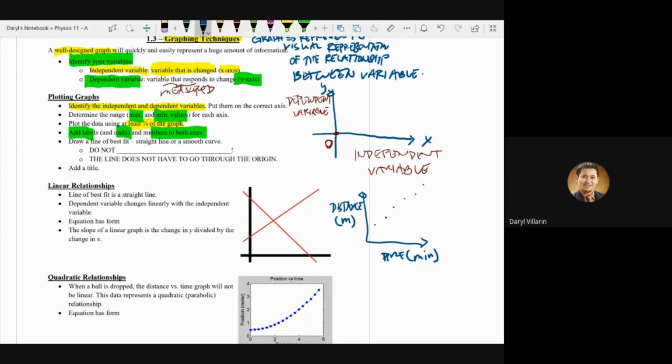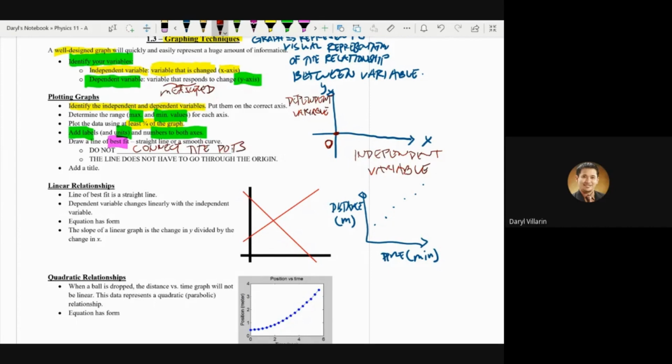When you draw your curve, just draw whichever fits the general trend of your data points. In this case, all of them are increasing, so that represents a straight line. But remember that that is not always the case. That is why you need to remember not to connect the dots.